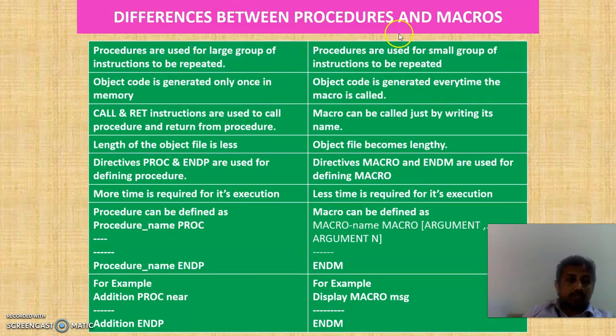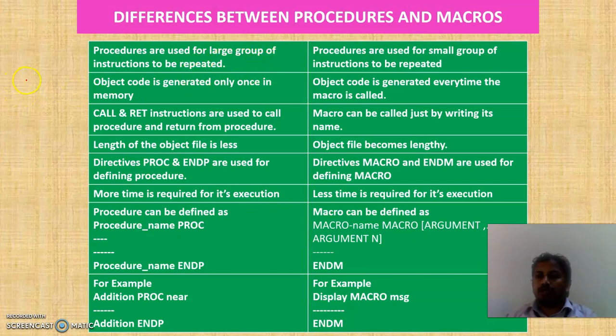And lastly, this is very important: the difference between a procedure and a macro. What are the different parameters we are taking into consideration? Procedures are a group of instructions that can be repeated.